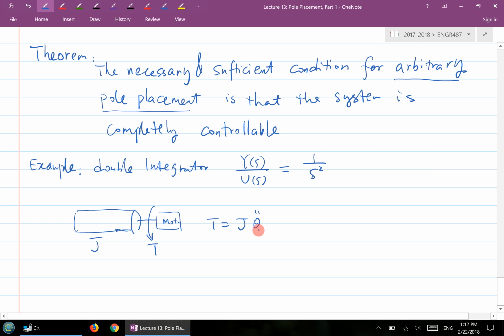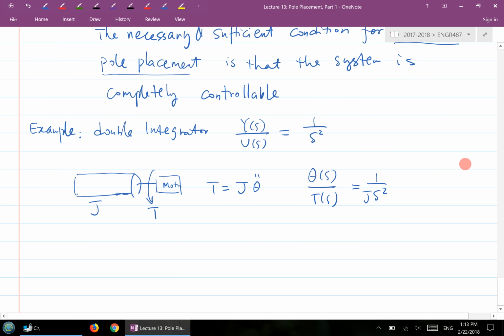So you can derive a transfer function between the output position and the input torque. Then you get 1 over J s squared. So that's a double integral, with a J here. It's just a very simple representation.